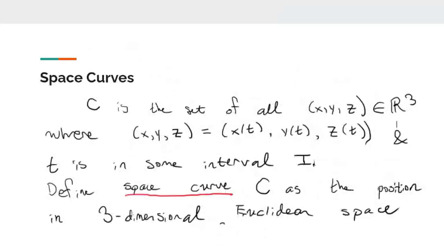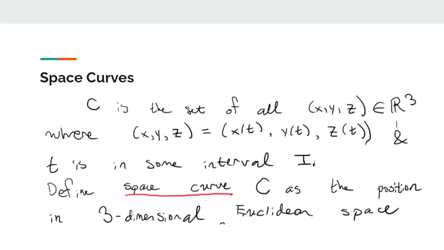So now we have space curves. C is the set of all x, y, z in R3 where these three functions, when you plug in the t value, give you that x, y, z out. Since there's only one parameter, it's a space curve.